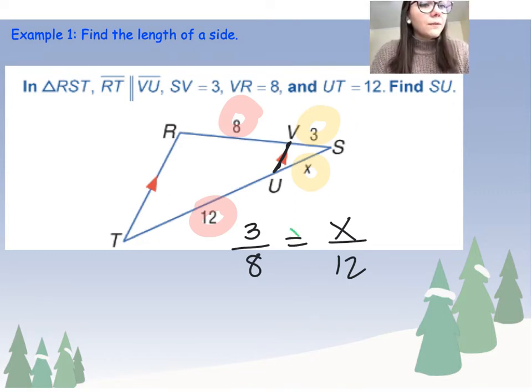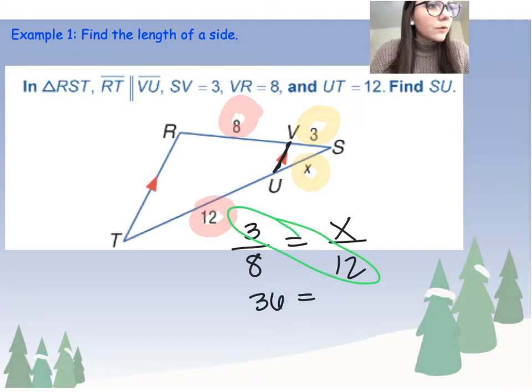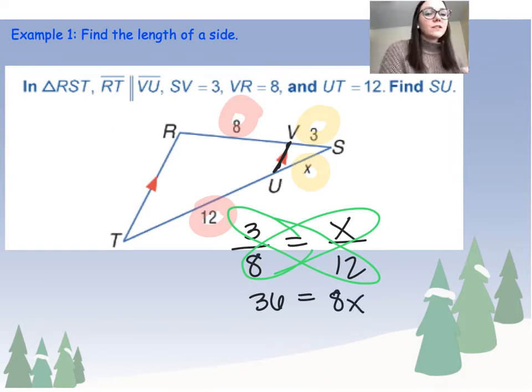We would have 3 times 12, or 36, equals 8 times X, or 8X. Now let's solve this for X by dividing by 8.